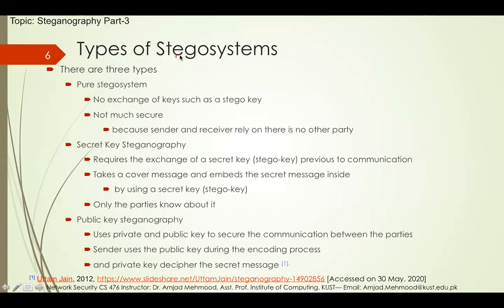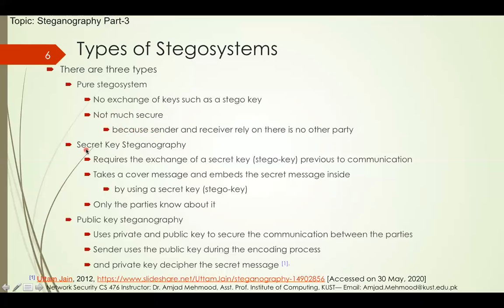Now, these are the types of stego system. There are three types of system. Pure steganography, in which there is no exchange of keys, such as stego keys. But this is considered not much secure, because both sender and receiver rely on the fact that there is no other party involved.